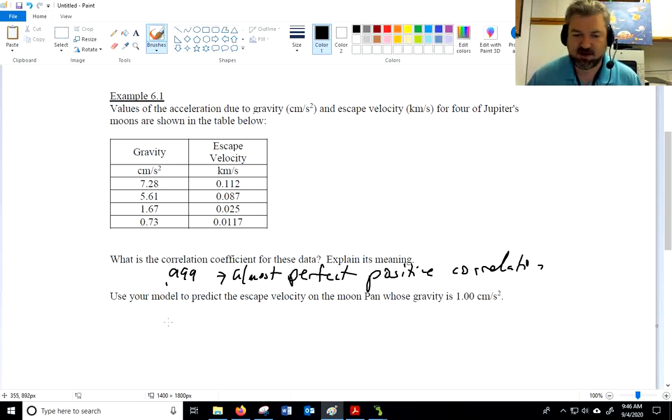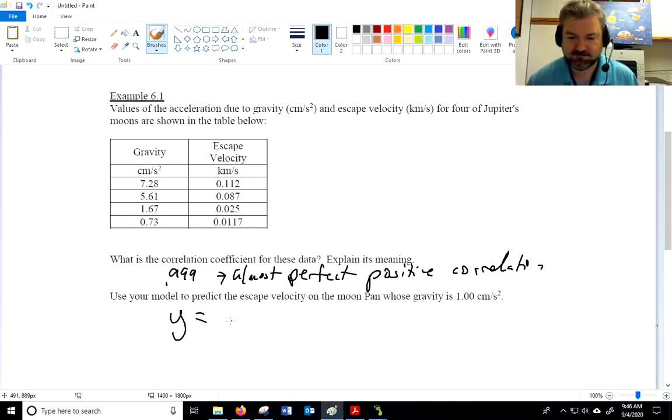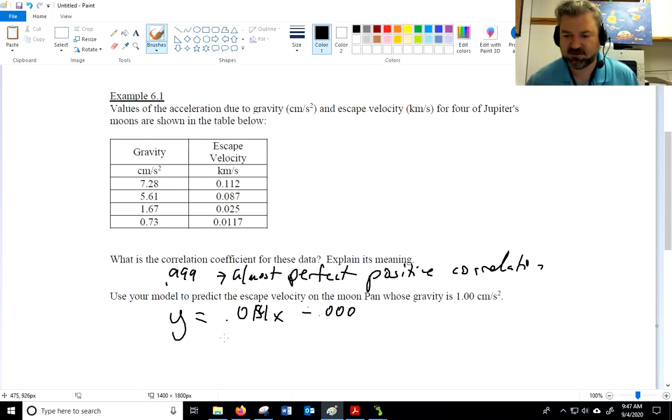And the model that we used was y equals, help me out if you remember, 0.0154 x minus 0.000, I think it was like a 4 at the end there. Basically, it's a 0, right?